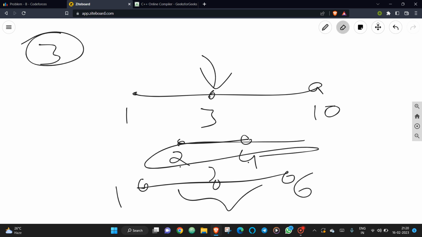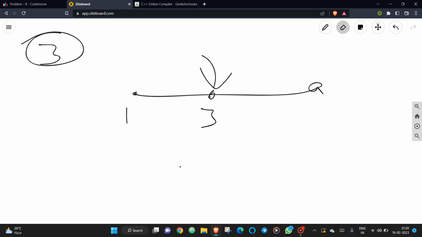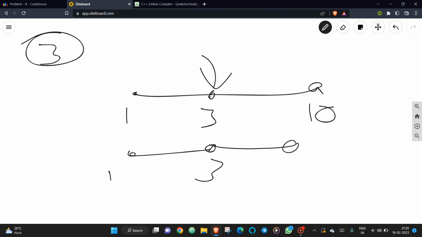If I need to make my 3 visited the highest number of times, I'll select 1 to 3, and I need to select from 3 to 6, because then if it is acting as an endpoint in any range, it can be incremented 2 times, right?